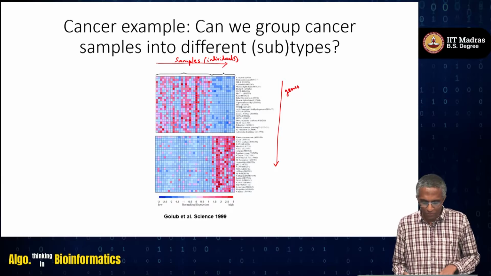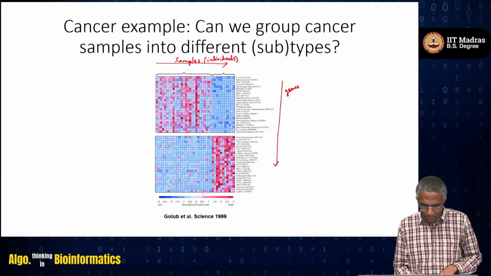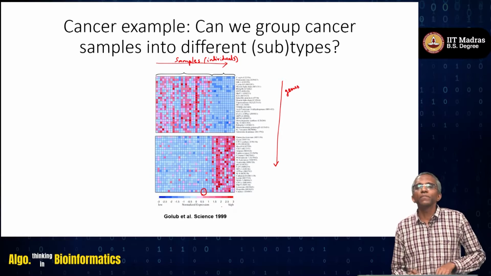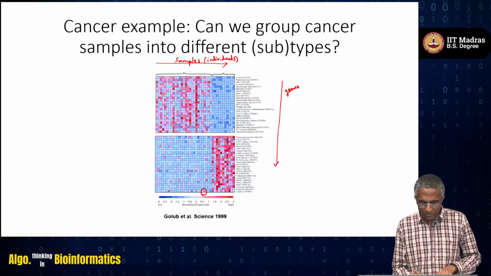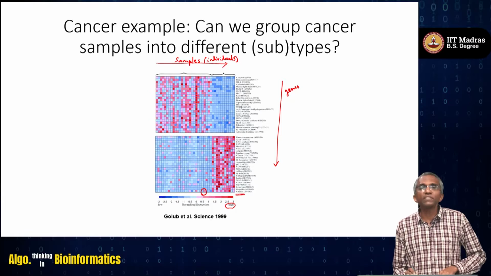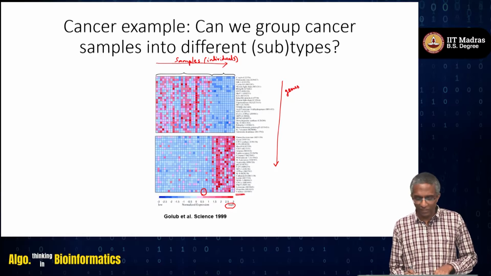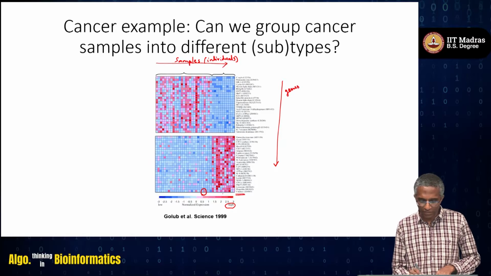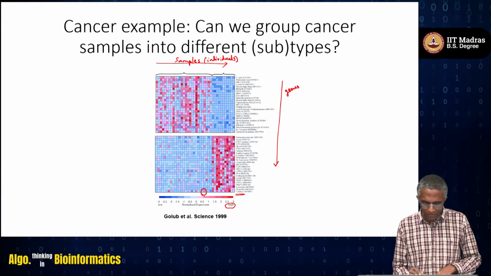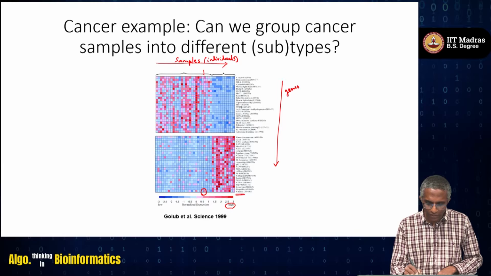If you take, for instance, this particular box over here, this box is red in color, so red means high. This says that this last gene, catalase, is expressed at a high level; its activity is high in this particular individual.